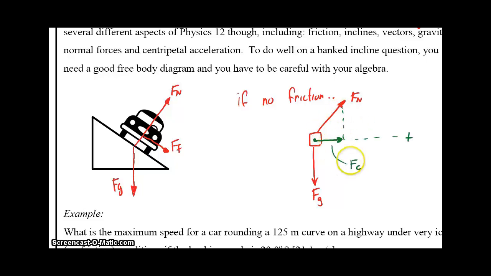So that's Fc. So Fg doesn't do anything to supply Fc. I mean, it sort of does, right? The force of gravity leads to the normal force, and this horizontal component of the normal force leads to the centripetal force.